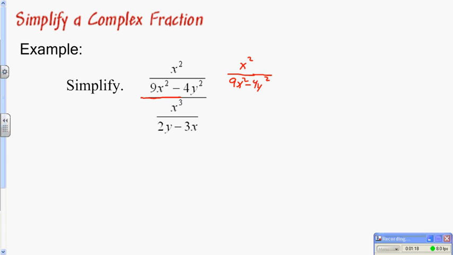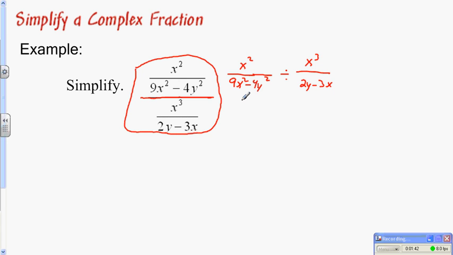This bar here is the main fraction division bar, so I'm going to say divided by the other part, which is x cubed over 2y minus 3x. If you look at this, this is no different than what we've just been doing, but they started in complex fraction form. So it's nothing different, it's just starting out from a different point. So if we just rewrite it in this form, we have a division problem, which we know how to handle.